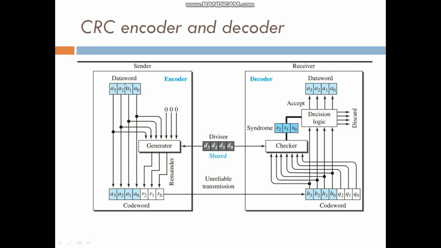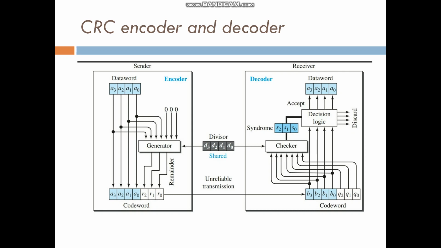Now that we have an overview of this simple approach, at the sender side, initially we get a data word that is of 4 bits. Not always, only as an example, we can take 4 bits A0, A1, A2, A3. That is our data word. The data word goes to the generator, and the generator generates some zeros and appends them to our data word.